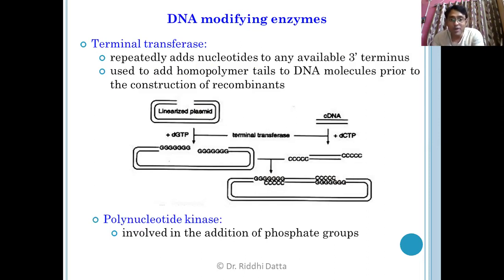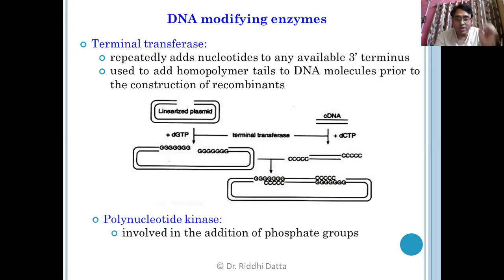Now, this amplified product and the linearized plasmid will be treated with terminal transferase along with nucleotides. That is a polymeric nucleotide, a homopolymer, multiple nucleotides, maybe dGTP giving GGGGG, or CCCCC, poly C, poly G, poly T, whatever it may be.